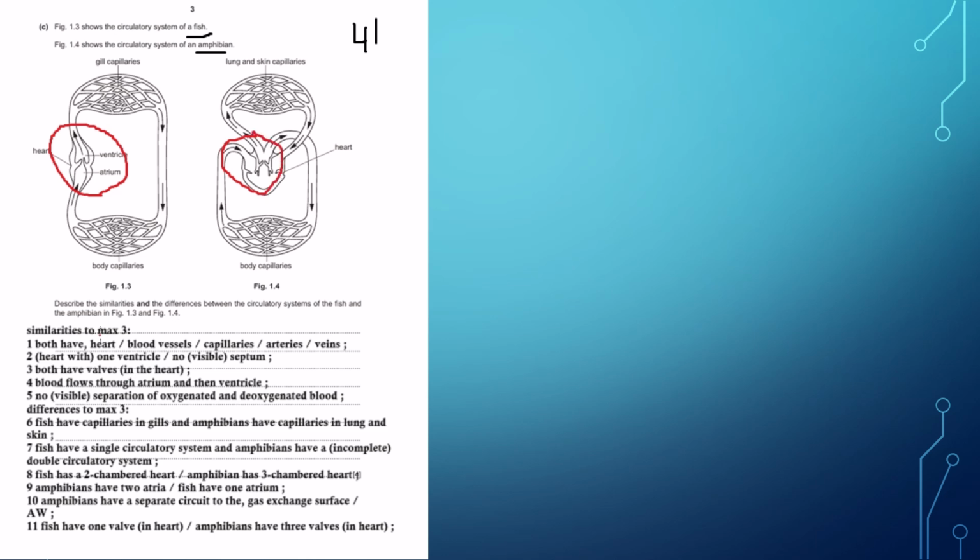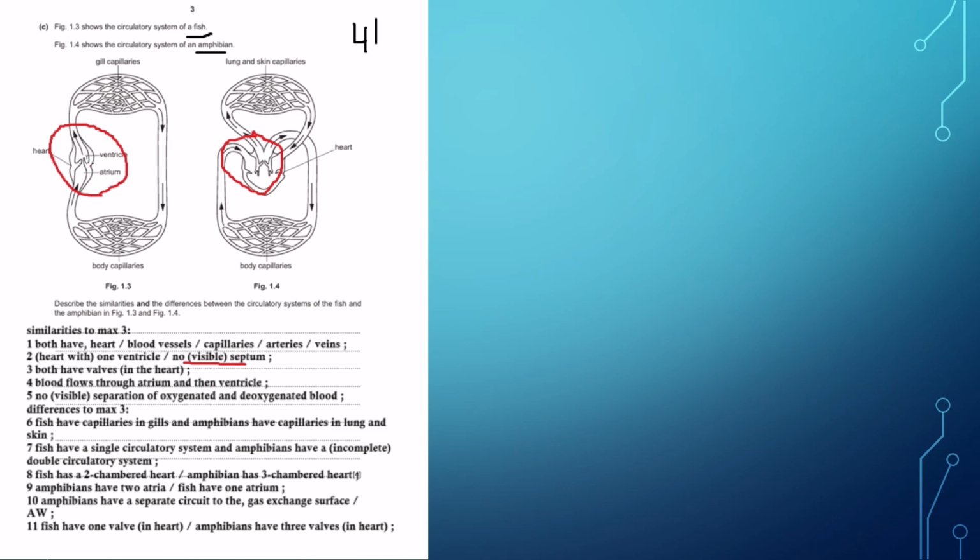And they both have a heart with one main ventricle. You see it here, you see it here. And there is not a visible septum like you see in the mammalian heart. So we're missing the septum here.